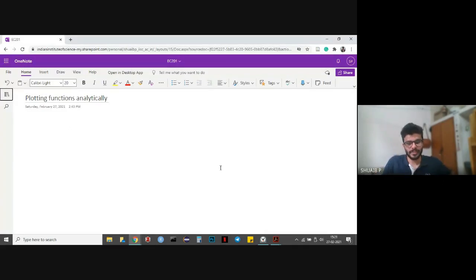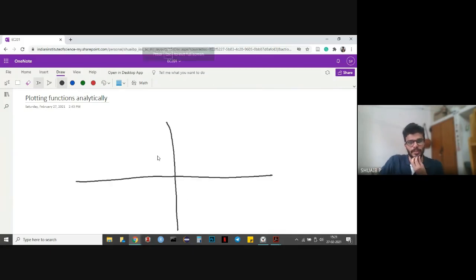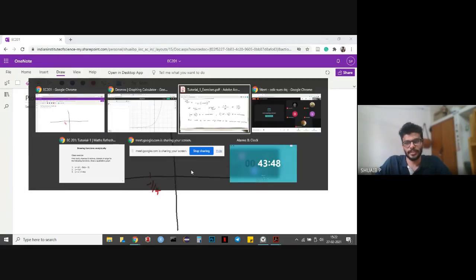So for this function, the current information that we got is: at minus 1 by 4, it's undefined, and this function has a root at (0, 0).